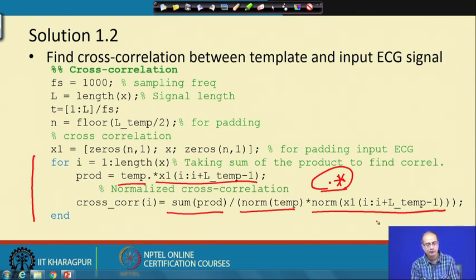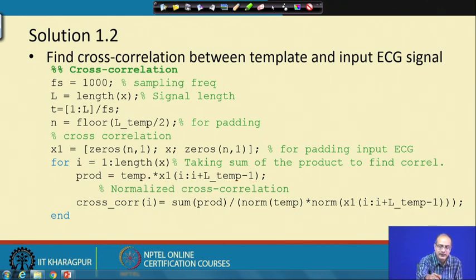Okay. So, that is how we get the energy, and we are dividing or normalizing with it, or rather I would say with the standard deviation, the square root of the energy of the template and the signal at that portion. The reason is that the sum of products would otherwise be affected by the scaling of the signal or the template.